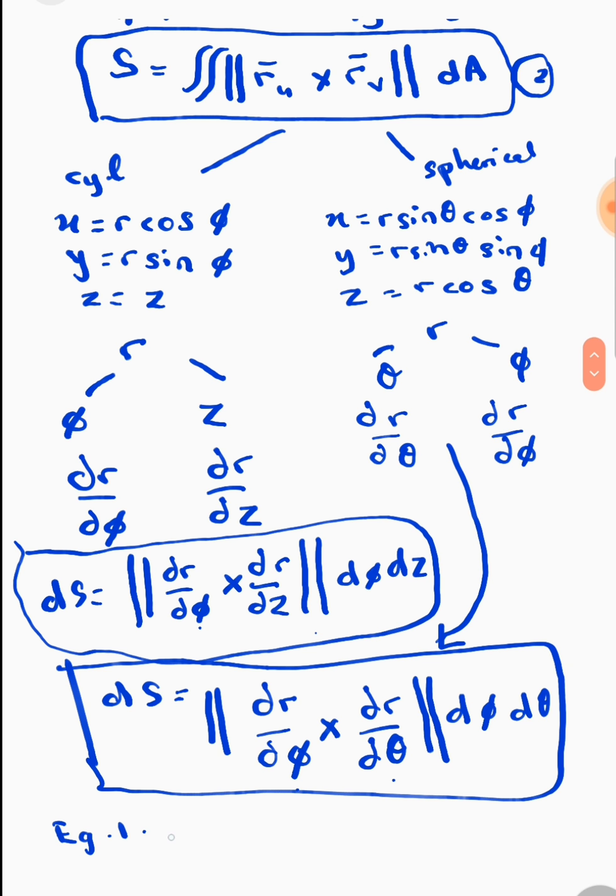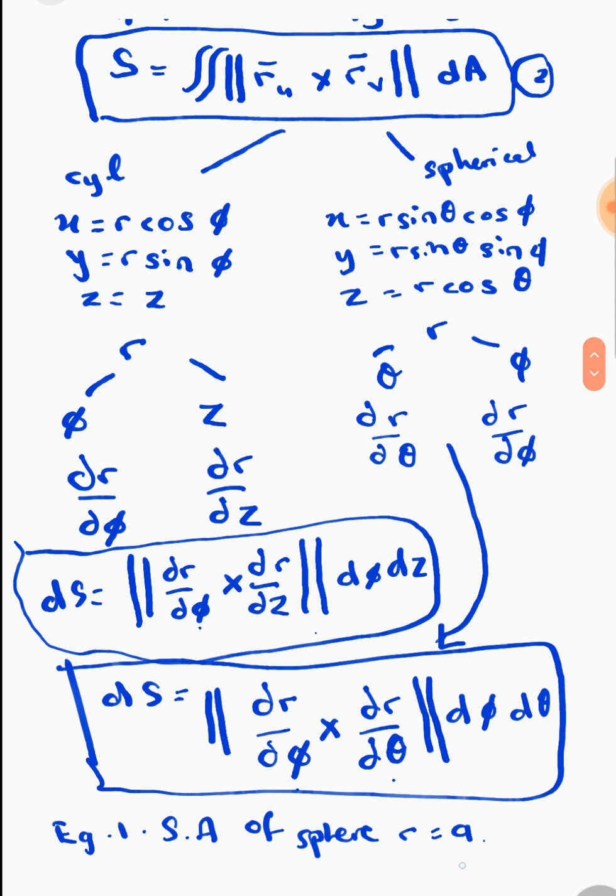Example 1: you want to get the surface area of a sphere with radius A. So we are going to explore how we use these two different methods earlier to solve this question.